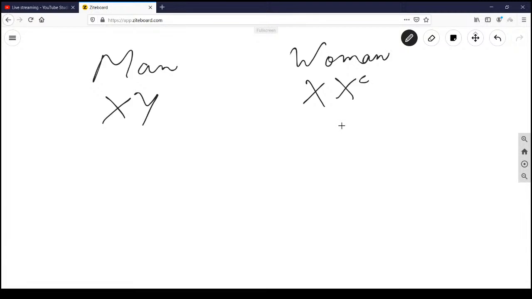Now all daughters will receive at least one normal copy of the X chromosome from the father. Hence none of them will show the sign, and only the sons will show the signs. So 3 out of 5 sons received the defective X chromosome from the mother and suffered from this disease. That is a very easy question. So it must be sex-linked recessive.